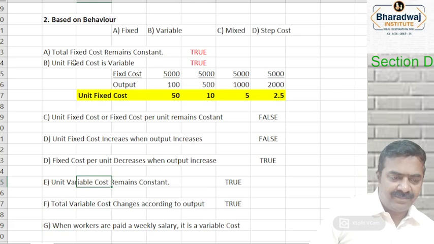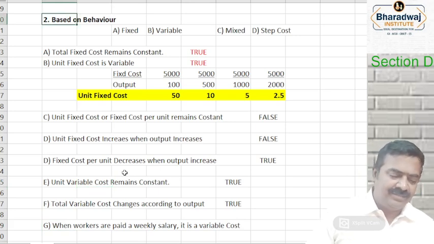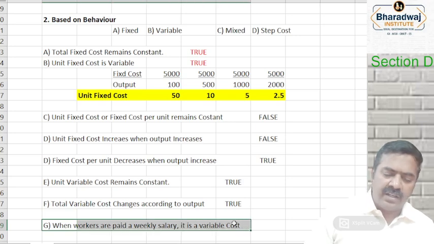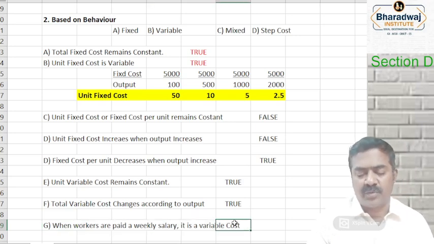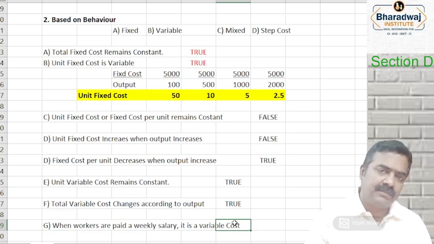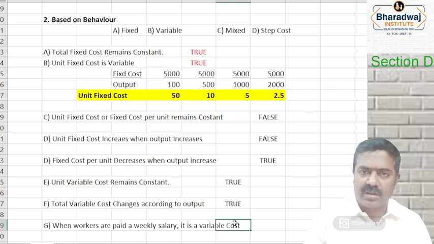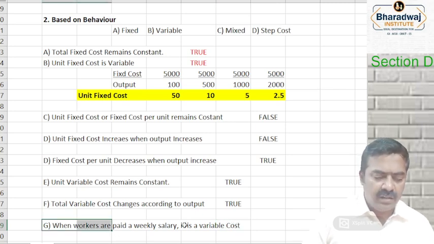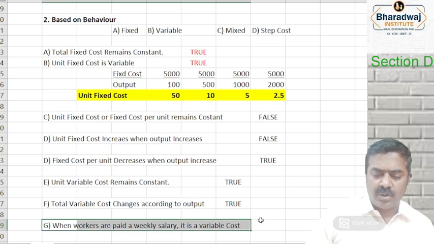Point number G. When workers are paid weekly salary, it is a variable cost. True or false?